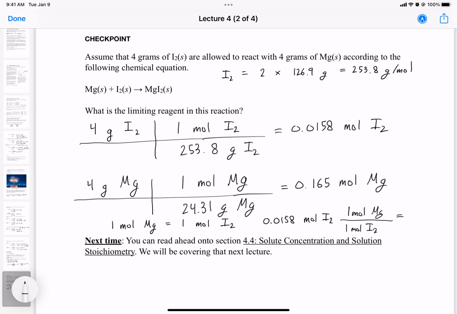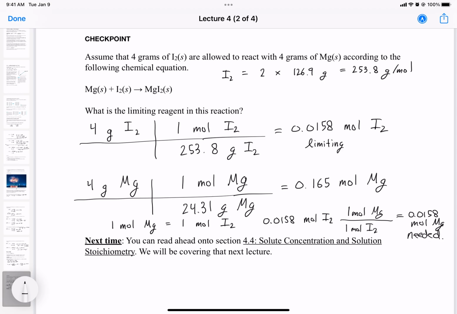This would give us 0.0158 moles of magnesium needed. So we need at least that much magnesium. But as we can see, we have almost 10 times as much magnesium than iodine. So in this case, iodine is the limiting reactant.